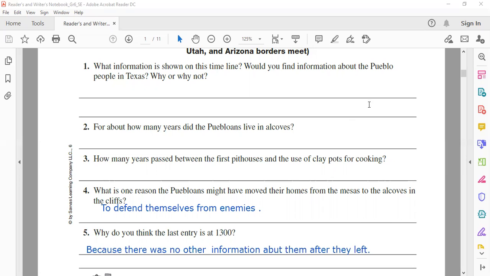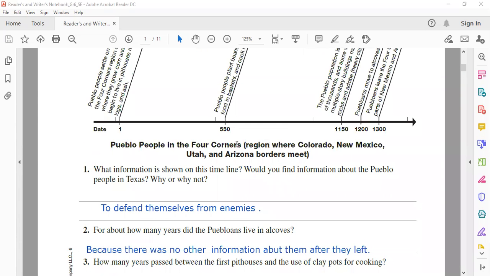Because as I told you in the story, the last part of the people, the Native Americans, were in the Four Corners region right here. They stayed inside the alcoves for 100 years, and then after that, they left that area to go to Mexico. That's why all the remaining people are right now in Mexico.